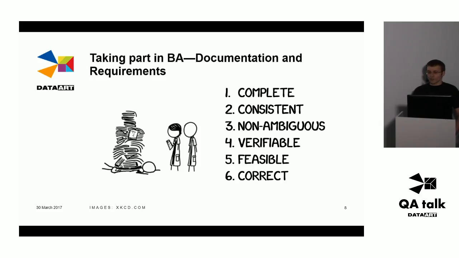Requirements should be feasible. So you should check that you are not asked to invent a time machine or something like that to make your software work. And finally, documentation and requirements need to be correct. That's a tricky point really, but you need to check that requirements are not based on wrong assumptions, that they picture the real world correctly and describe which features are required over that.